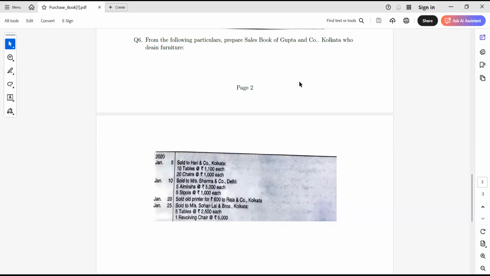So Jan 5, Jan 10, the 20,000 amount you are saying is related to Jan 10. I think I made a mistake. Can I rewrite that? One minute. You can make correction, because if you rewrite it, it will take much time.